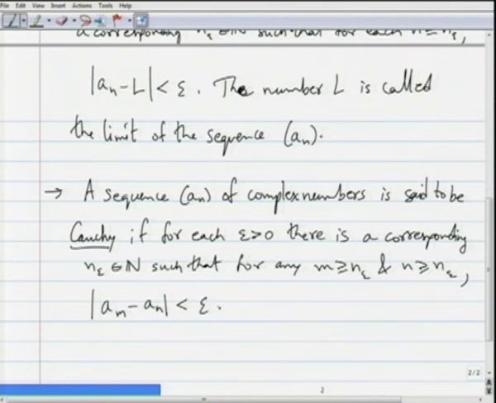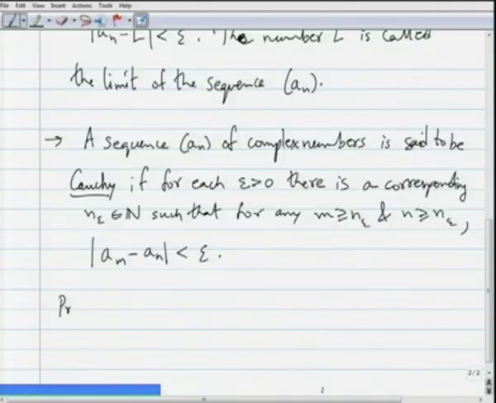So, the condition for a sequence to be called Cauchy is very similar to the condition for real sequences, except that once again the absolute value is replaced by the modulus in the case of complex sequences.